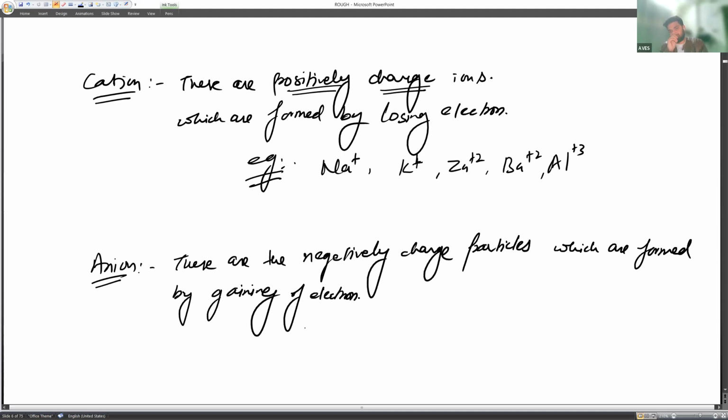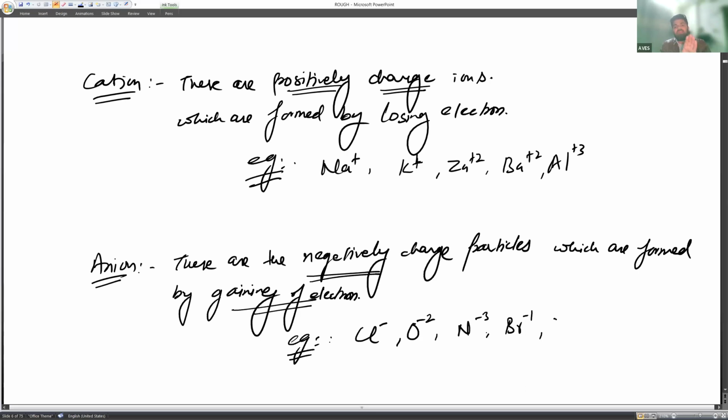Got it? Yes, sir. Example, Cl minus, O minus 2, N minus 3, Br minus 1. So we can simply say here that these are the negatively charged particles which are formed by gaining of electrons.